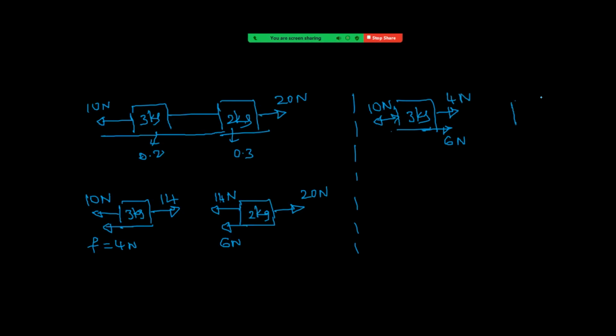Now coming to the 2 kg block, see what happens here. 2 kg block, tension 4. Applied force is 20, net value 16, 16 on the right side. So friction has to provide 16 on the left side, but the maximum friction value is 6. So friction cannot balance this. Therefore, on the 2 kg block, the net force cannot become 0. So this is wrong. That's why we have to start with the block on which more force is acting.